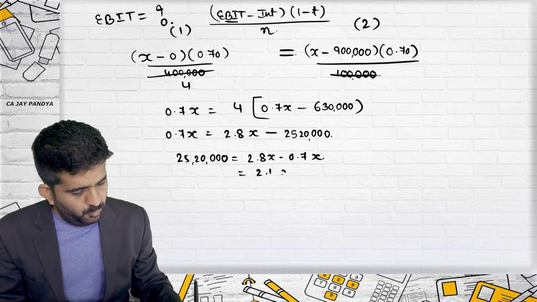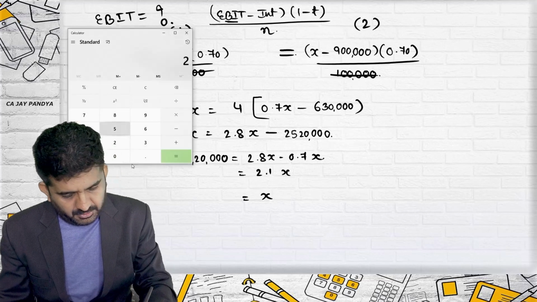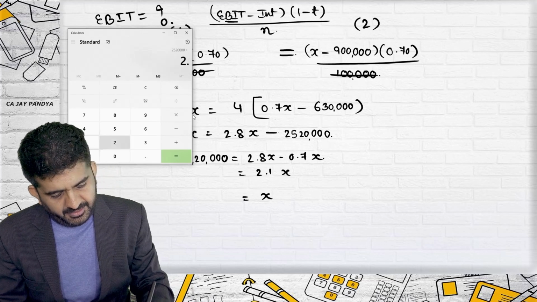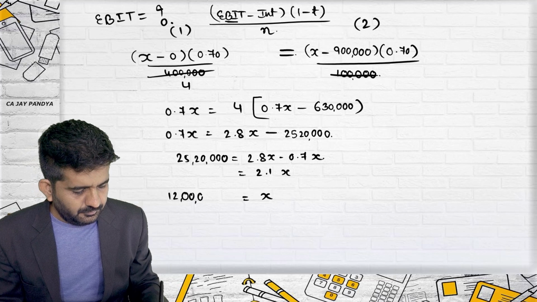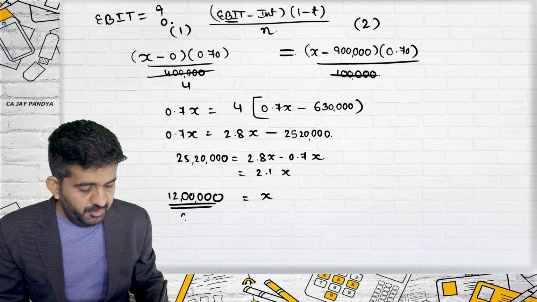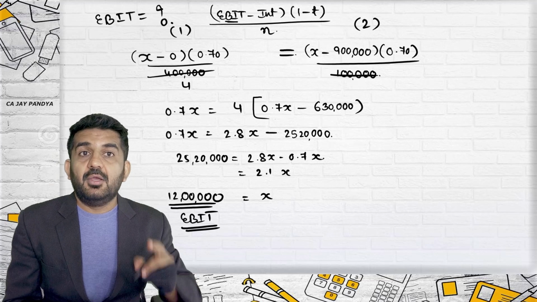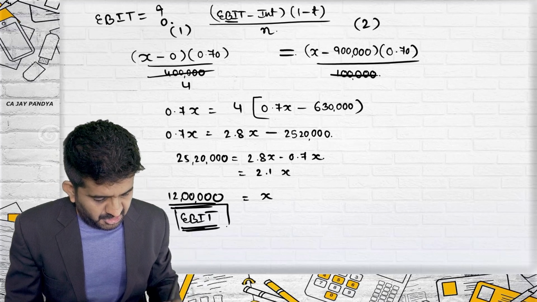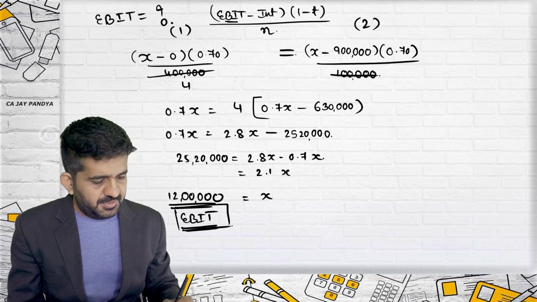This will be 2.1x. So x will be equal to 25 lakh 20,000 divided by 2.1, which is 12 lakhs. Which is also nothing but EBIT. But it is the level of EBIT at which EPS is equal.